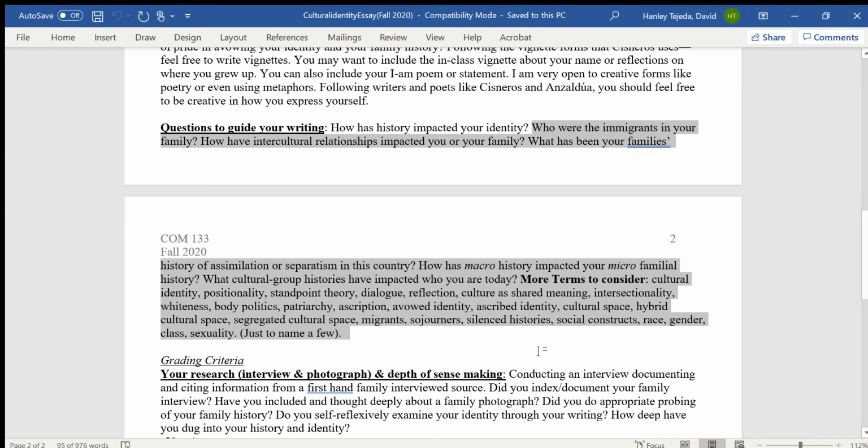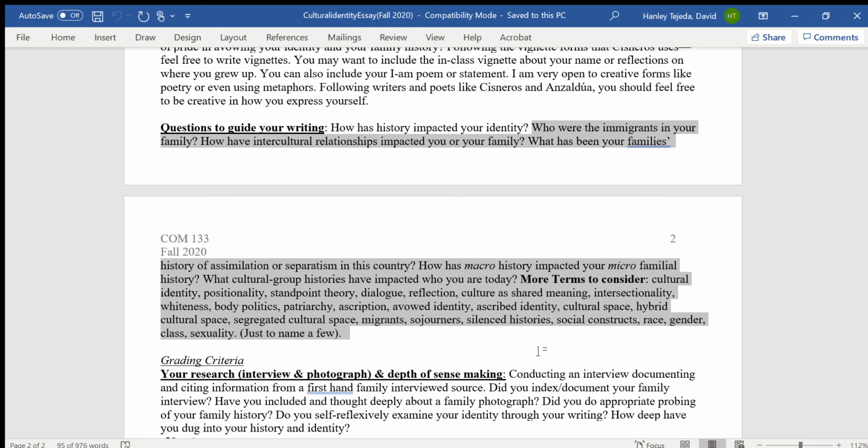What cultural group histories have impacted who you are today, right? Some people identify with diasporas, like the African diaspora, and how the history of slavery, for example, or the spreading of African peoples all over the world today, has impacted them, right? So you could talk about that.